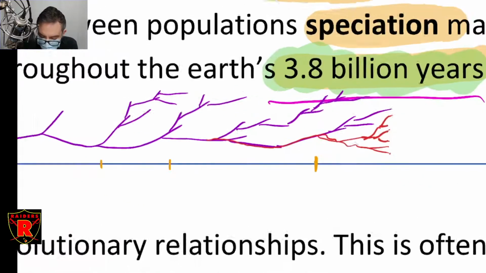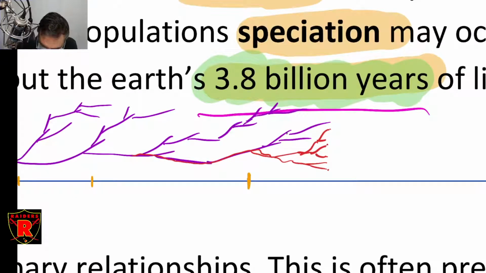And how we figure out where these splits occurred, these bifurcations in the tree of life, and where they are in time, is based on how DNA naturally mutates. So we know how often DNA naturally gets changes in it, mutations. And so we look at the differences in our DNA between us and our closest relative.